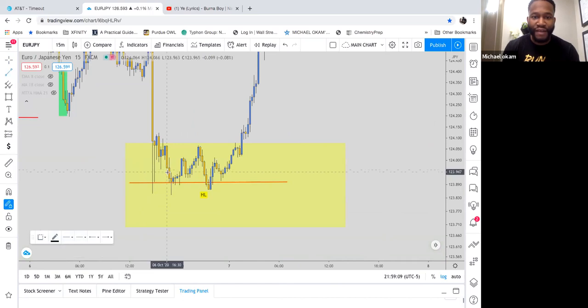Our resistance was probably here in the 5-minute time frame, just from the awareness I have. Probably somewhere right here. If we were in a 5-minute time frame, you would see something like this.